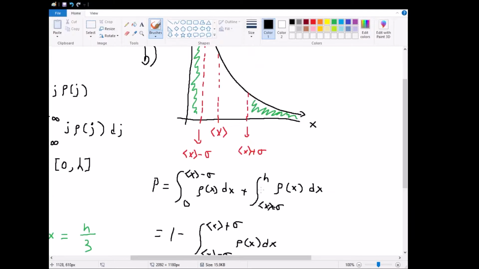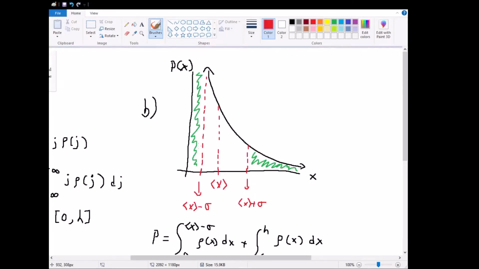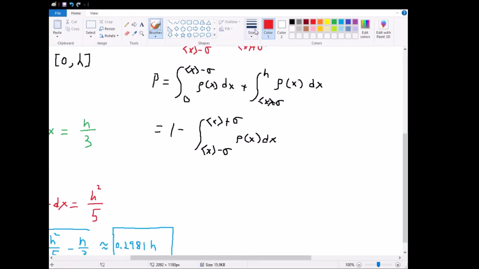And effectively what I'm doing here is defining the probability of finding x inside the region where I don't want to find it, and since probabilities always add up to 1, I simply take 1, which is the maximum probability, and subtract from it the probability of finding the particle inside this standard deviation region. And what remains has to be the green probability, which is what we actually want.